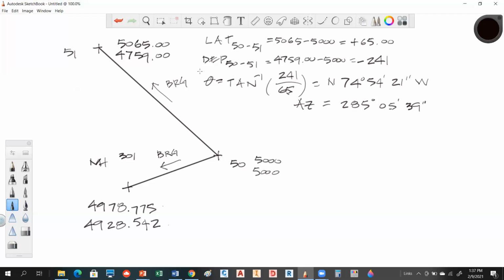Okay. All right, so there's my backside direction. So I need my foresight direction. I'll write that down here. Latitude. This time I want to go 50 to the manhole, which would be to 301. So that's the northing of 301 minus the northing of 50. So we have 4,978.775 minus 5,000.